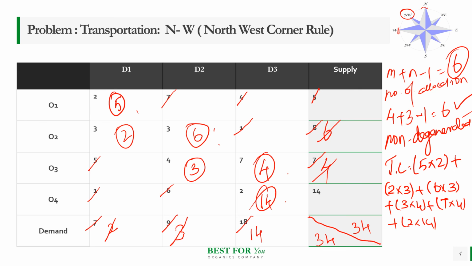So we have all the 6 allocations. So the total value is 102. So the total transportation cost is 102 and the solution is a non-degenerated basic feasible solution.